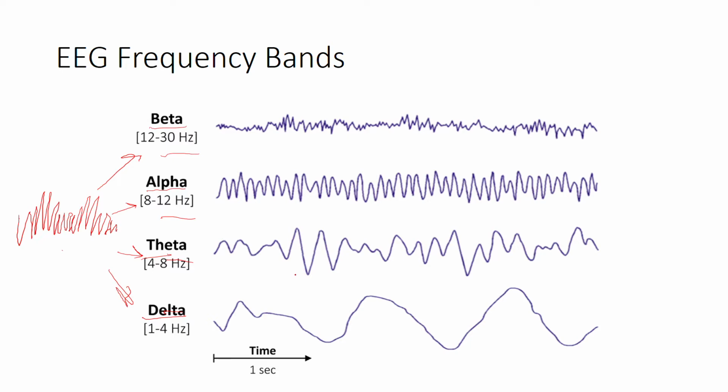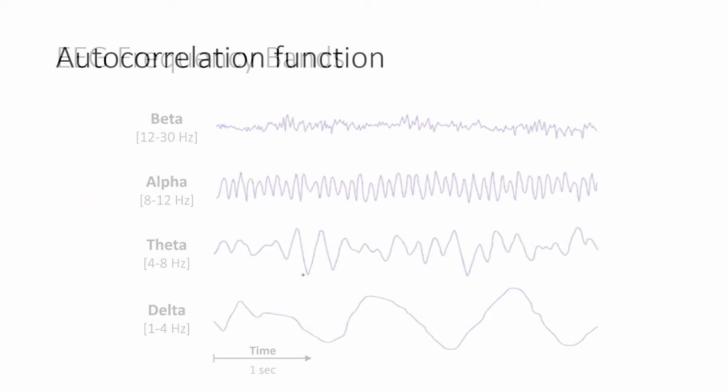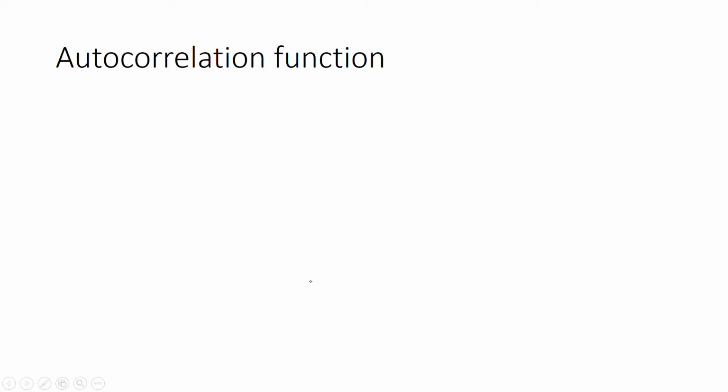So in spectral analysis, it is common to obtain the power spectral density for the EEG signal. Before we define the power spectral density, we need to know what the autocorrelation function is.